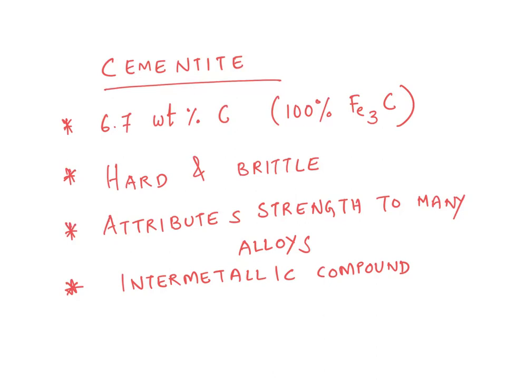The mechanical properties of this microstructure: it is very hard and brittle. Because of that, the presence of this phase will attribute strength to many of the iron carbon alloys. Then it's an intermetallic compound, it is a metastable product, and all those things we have already discussed.